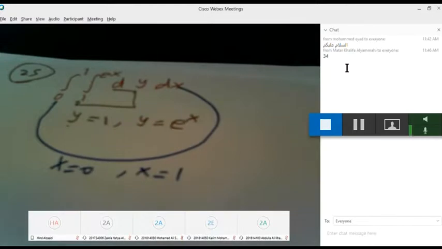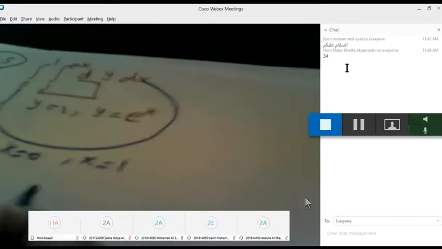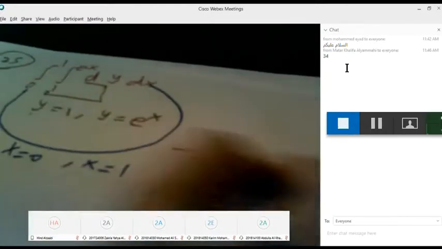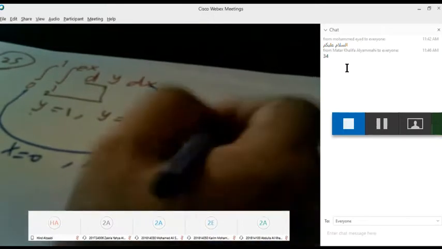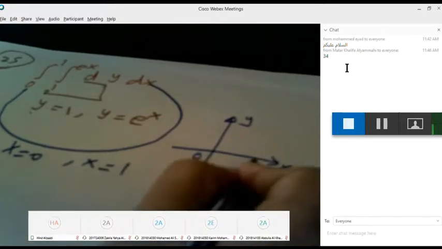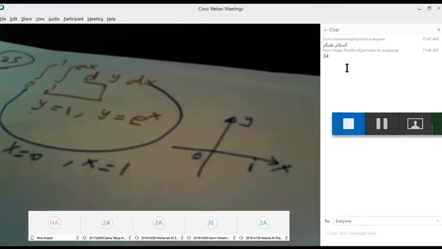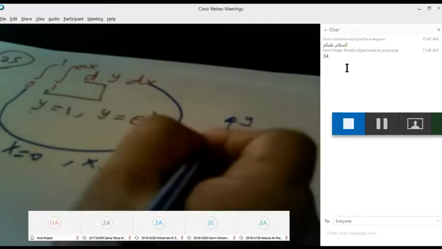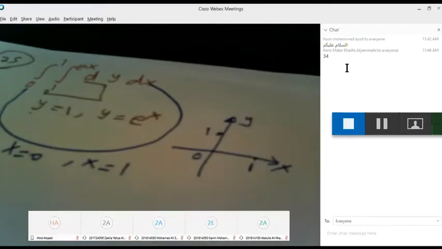So I write the equation for my area or my region. Here is x-axis and y-axis. X is 0 and x is 1. Y is 1, start from 1.